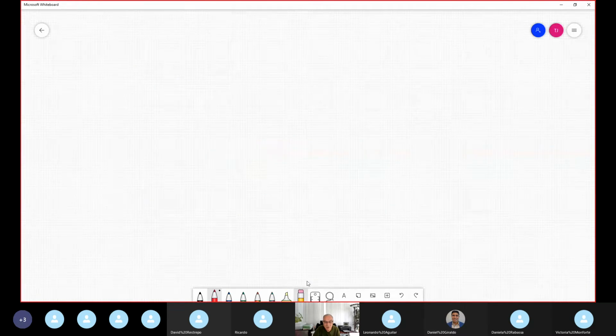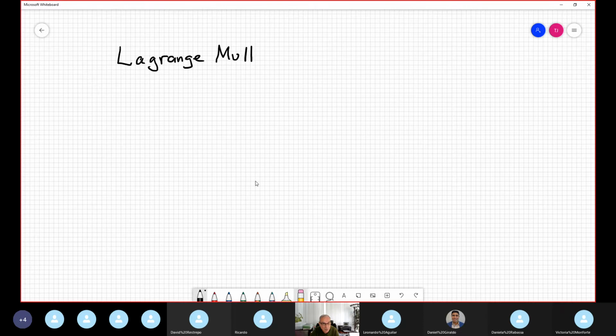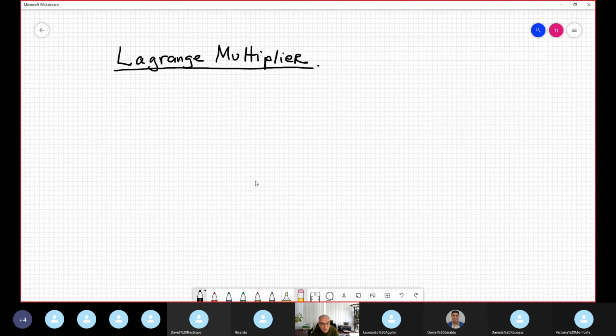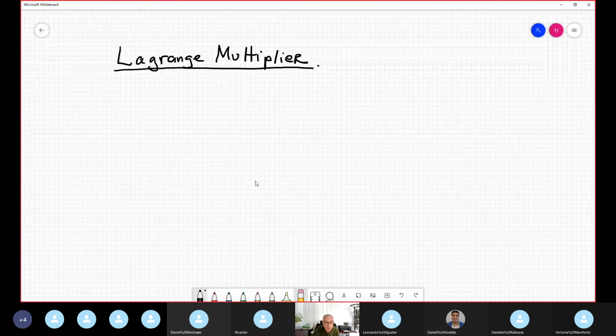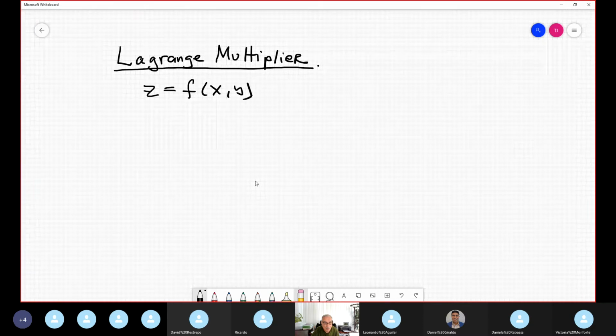Okay, one more topic today is about Lagrange Multipliers. This is another way to determine the maximum or minimum when you have constraints. Suppose we have a function c equal f of x comma y, but we have a constraint.